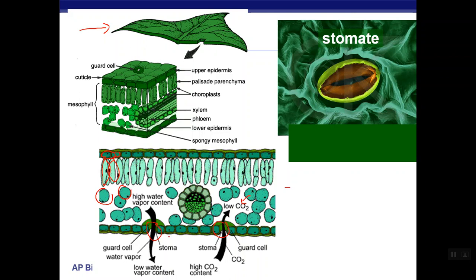So if they open their stomata too long, they risk losing too much water and drying out. So there's a cost benefit here. You want to keep them open to get oxygen out and CO2 in, but you don't want them open long enough that the plant dries out. This is why a lot of plants will close their stomata during the day and open them at night.